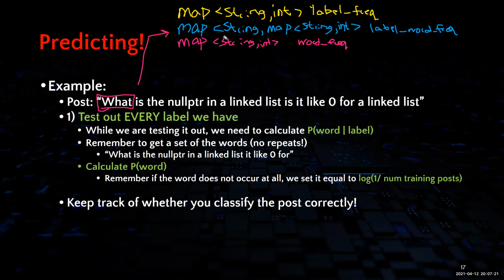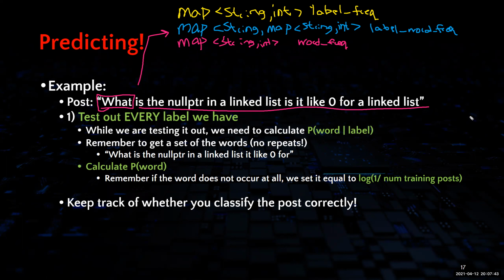That's our job here. There are also some other nuanced calculations you have to do. It's detailed in the spec. I'll cover that in a couple of seconds. But we basically want to use these three maps to calculate how likely this word is to be inside of a given label or given post.